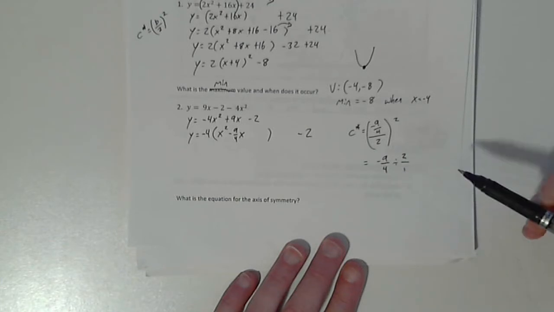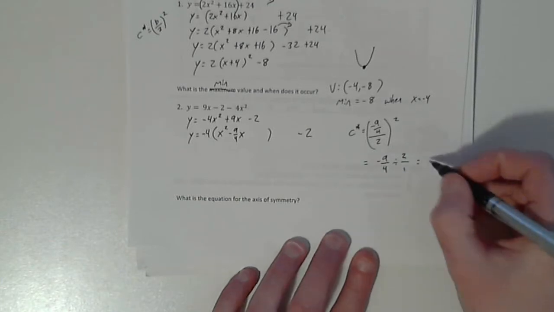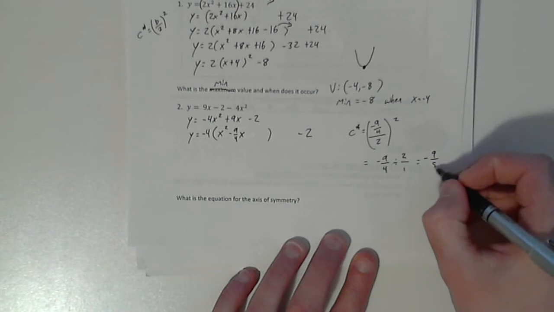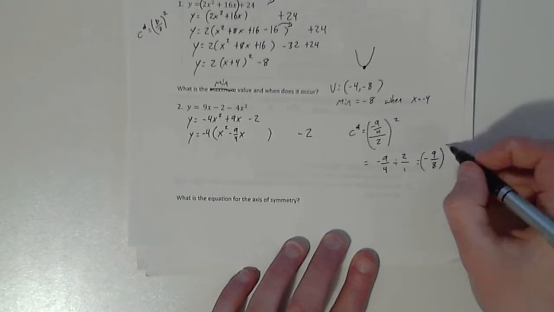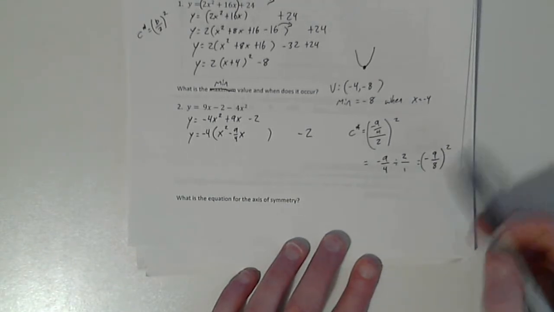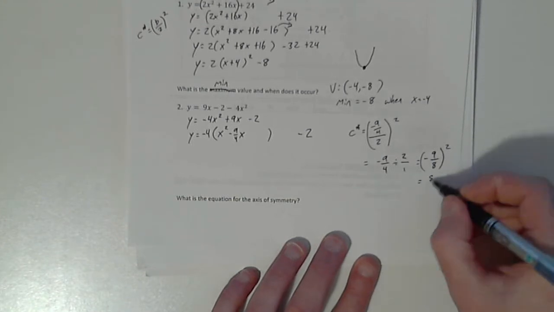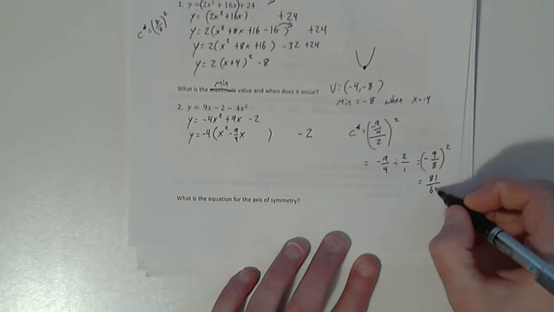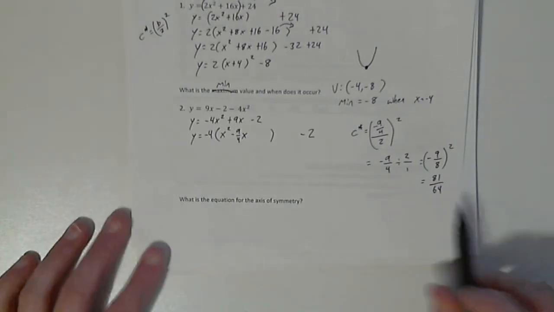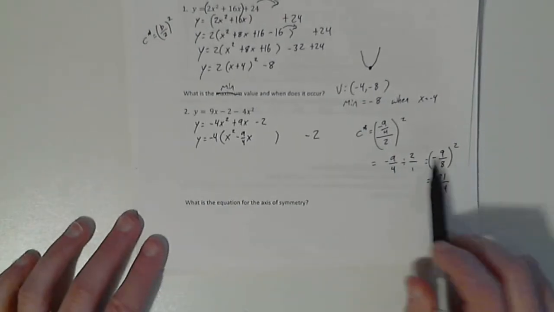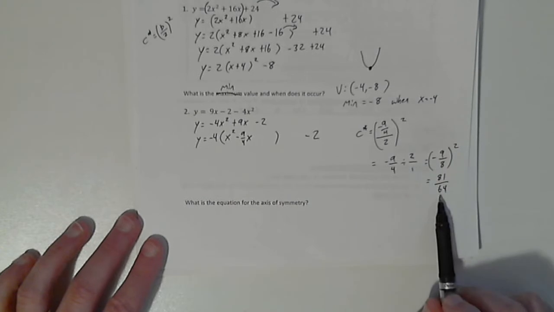The 2 goes onto the bottom, so it equals negative 9/8 squared. And to square it, you square the top and you square the bottom. So the top is 81 and the bottom is 64. 81/64 is our C value. The negative disappears when it's squared as well.